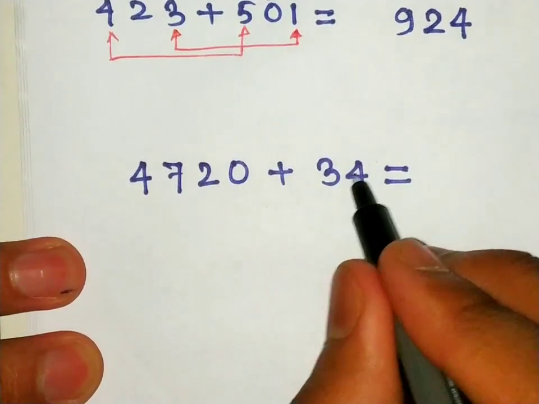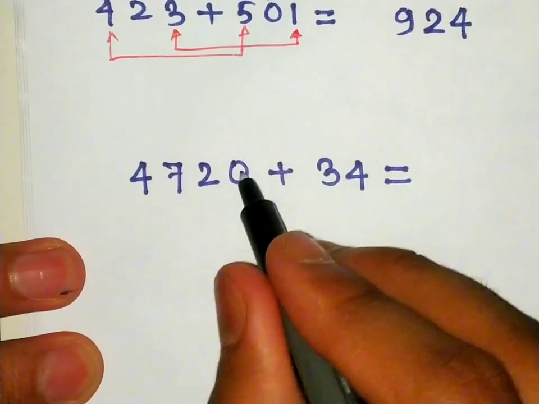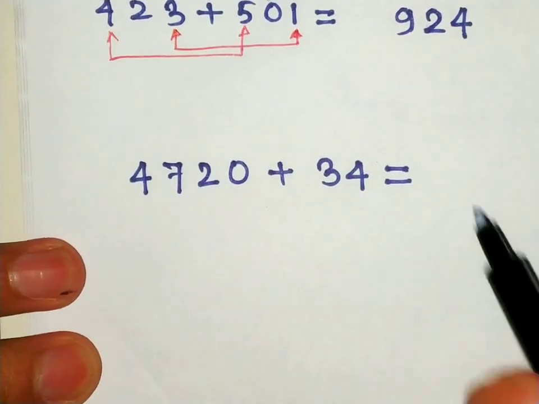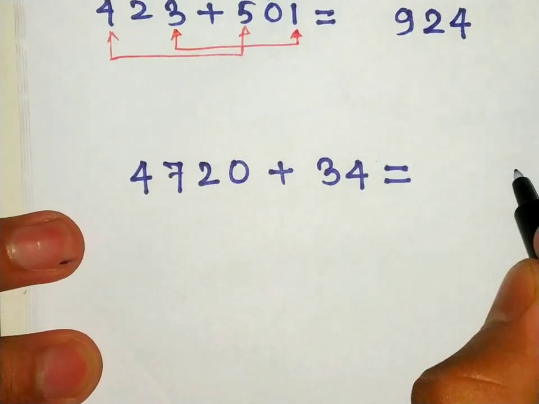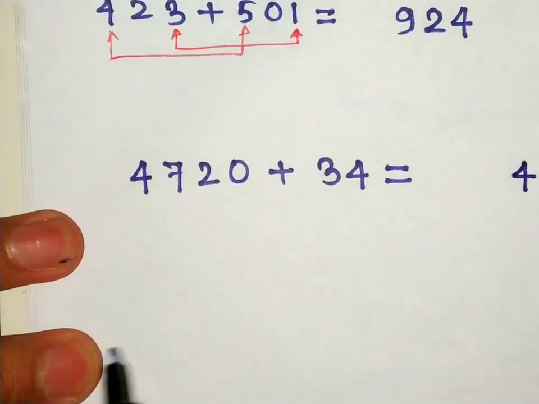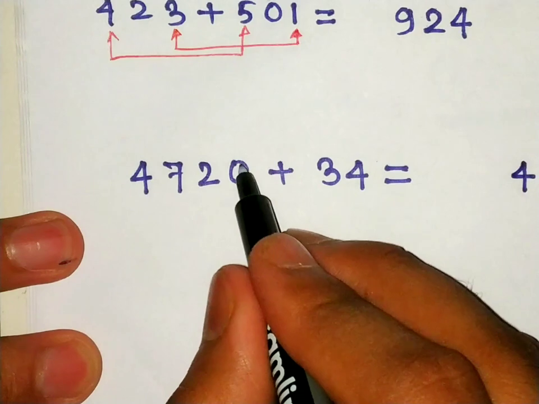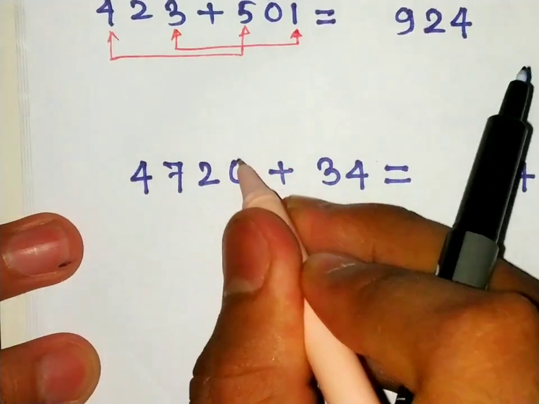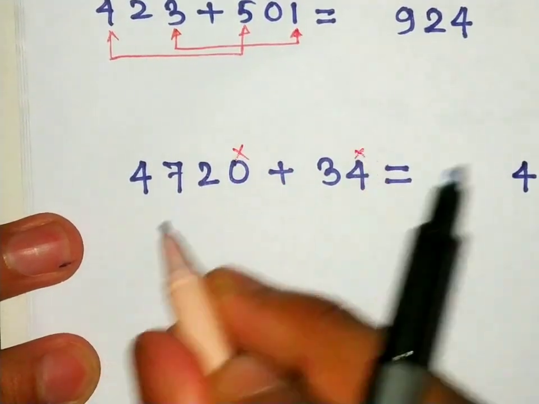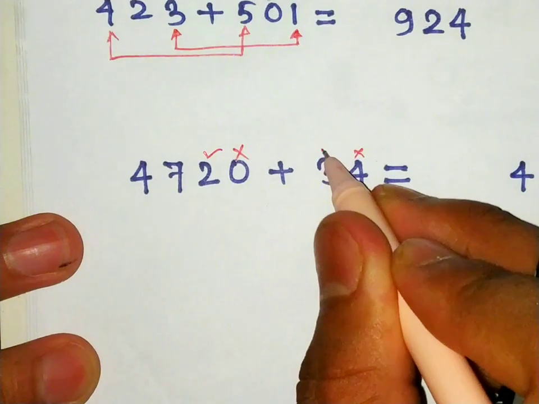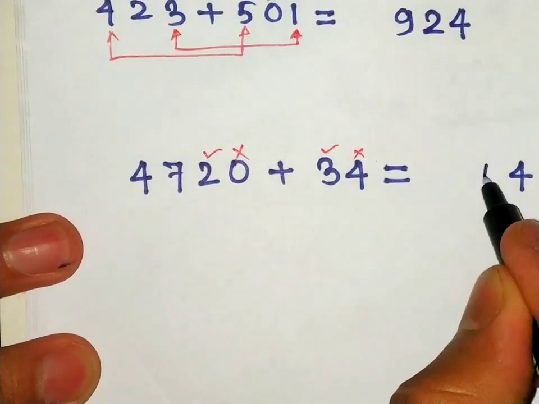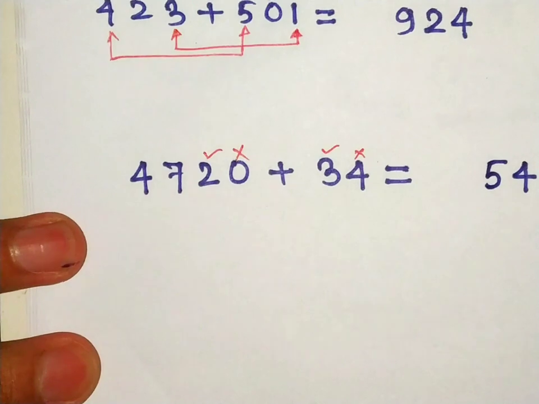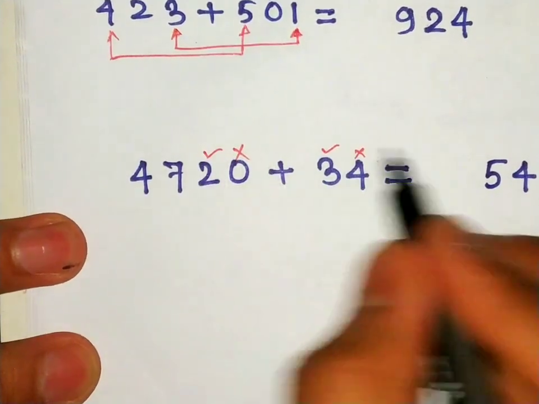From the right side, the first digit is 0, and the other first digit is 4. So 0 plus 4 will be 4. Is there any carry? No. First number is over. Come to the second number. 2 plus 3 will be 5. There is no carry. Second number is over.